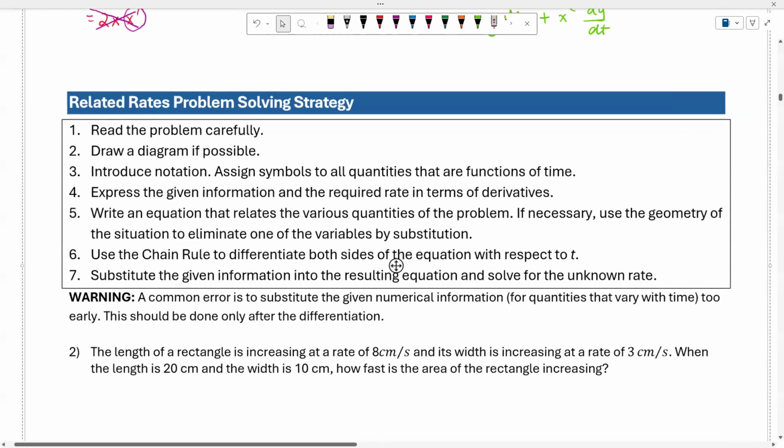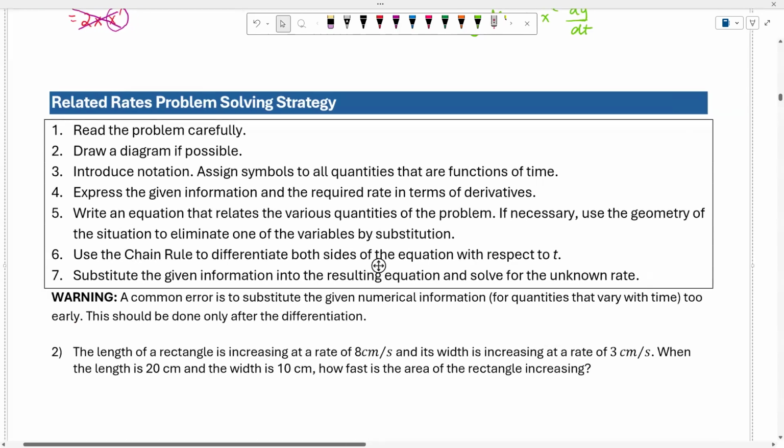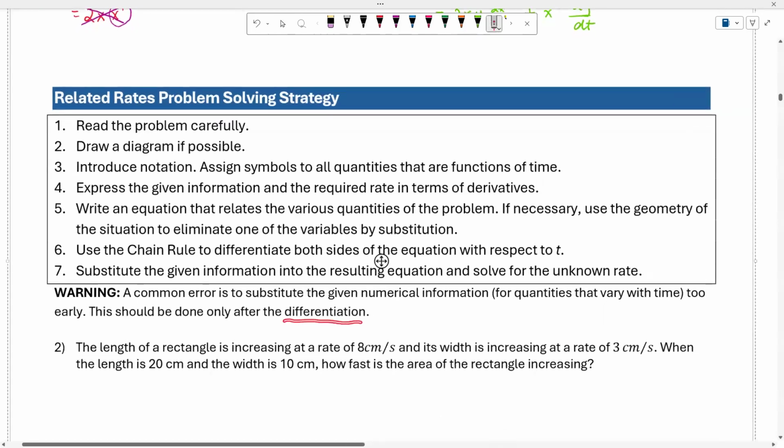This should be done only after the differentiation. A lot of students substitute the given numerical information before they take the derivative. Try to avoid this.